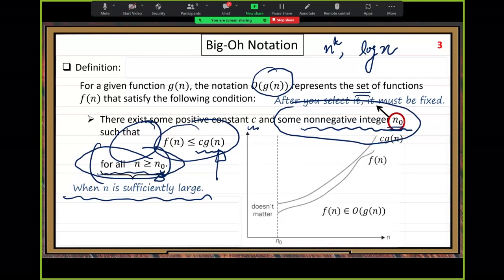Then, let me draw a graph. This is the f function, f of n, the curve. If we draw the graph of the f function, then the relatively simple g function, if we do not multiply by an appropriate constant c, will probably be below the f function. But it's okay.